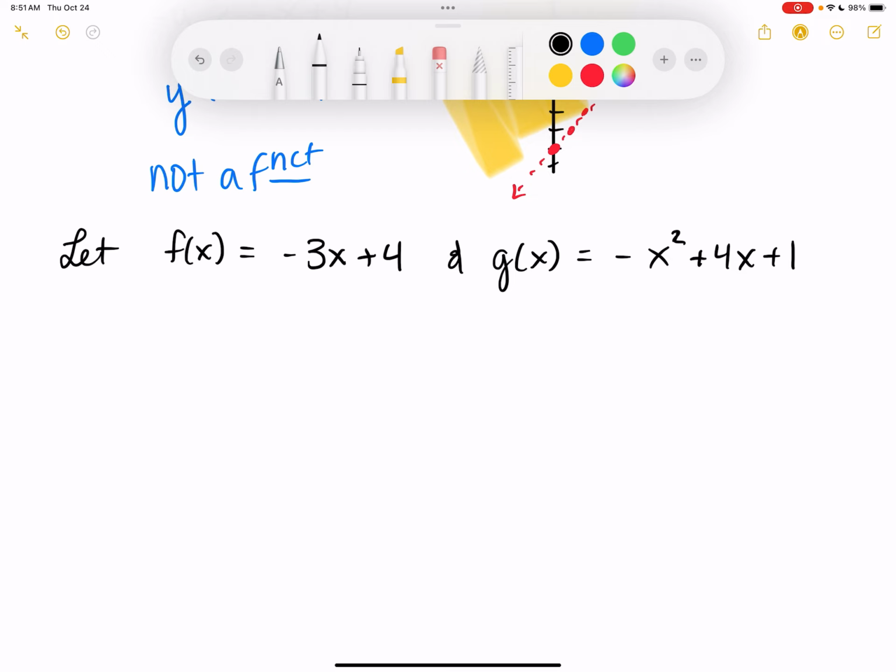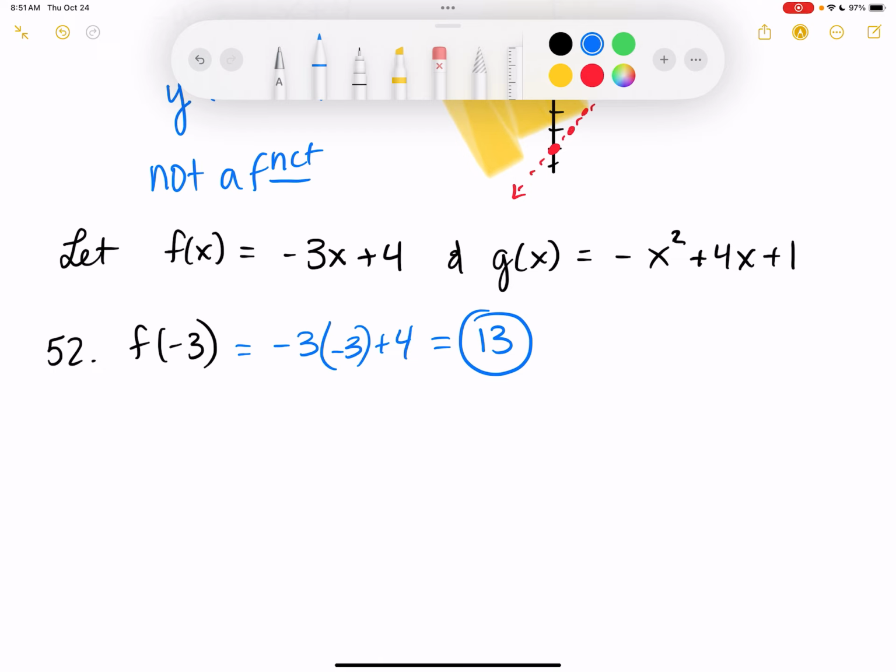So then the problems, they'll give you, say, something like find f of negative 3. So all that means is wherever I have an x in that equation of f of x, I'm putting in negative 3. So this would be negative 3 times, replace x with negative 3, plus 4. Negative 3 times negative 3 would be 9, plus 4 is 13, so the answer to that would be 13.